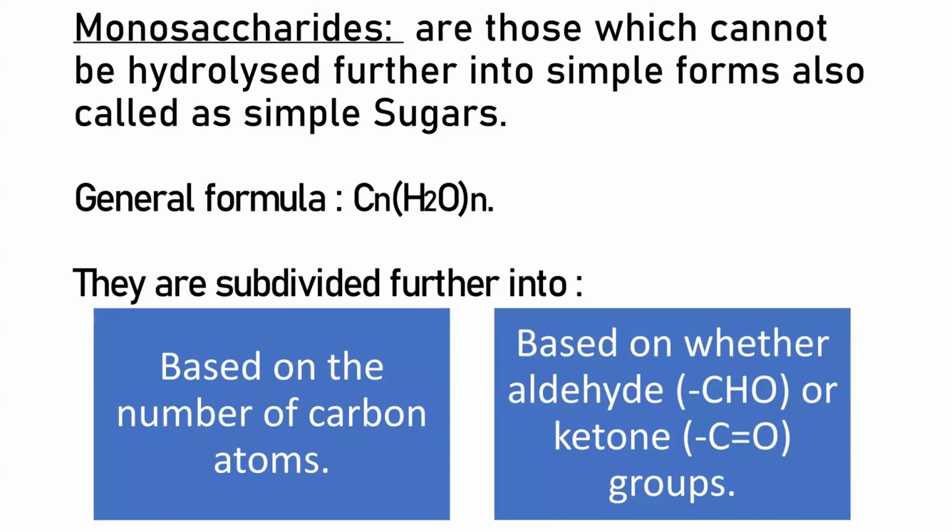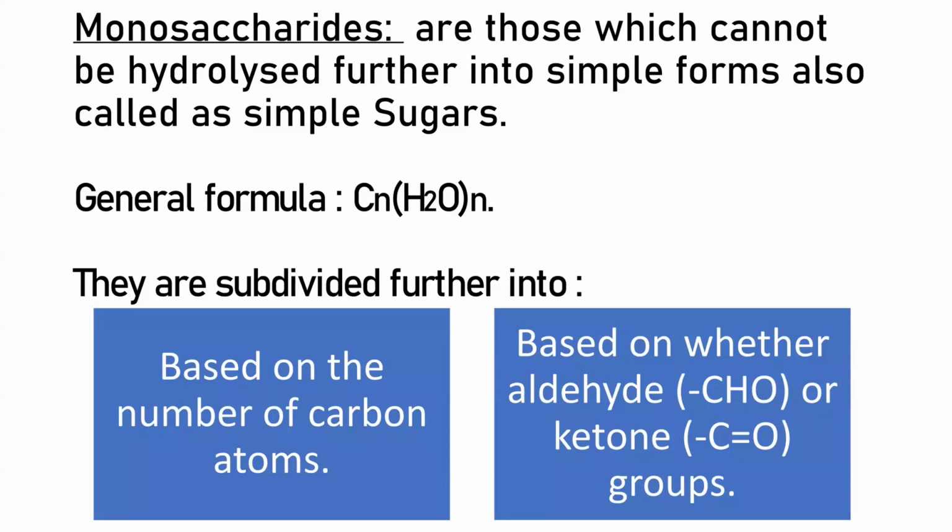And they have a general formula. The general formula for these monosaccharides is Cn(H2O)n. We are now also going to look at the classification of monosaccharides on different bases. We classify monosaccharides based on the number of carbon atoms.